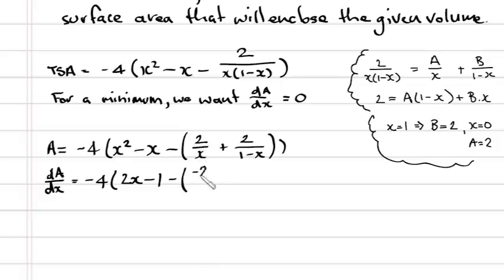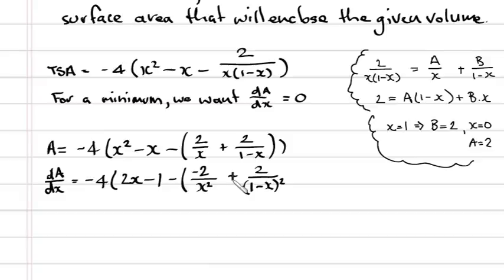Derivative of 2 over x, or 2 by x to the -1, is going to be -2 over x squared. The second term in the expression, again being very careful with the negative signs here, will be 2 over 1 minus x squared by -1. So it leaves the sign inside the bracket as a positive sign.